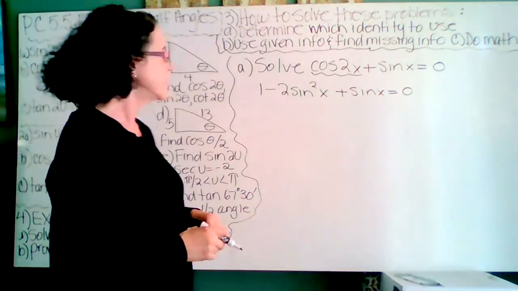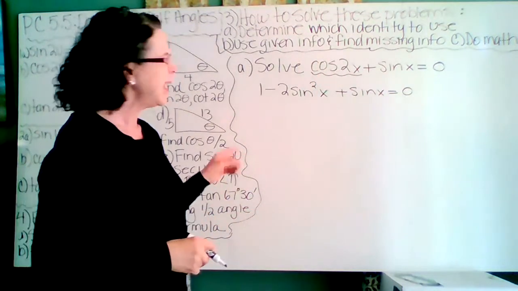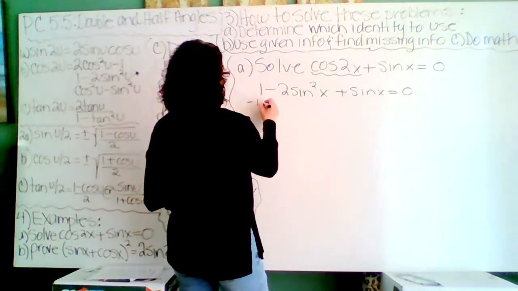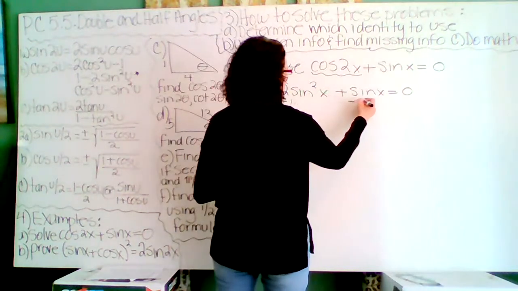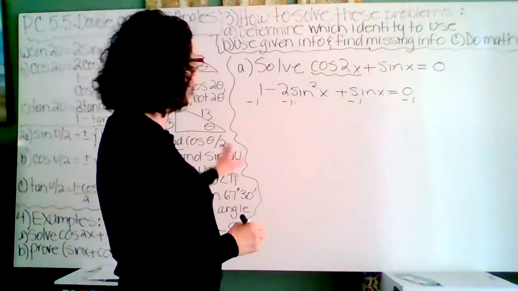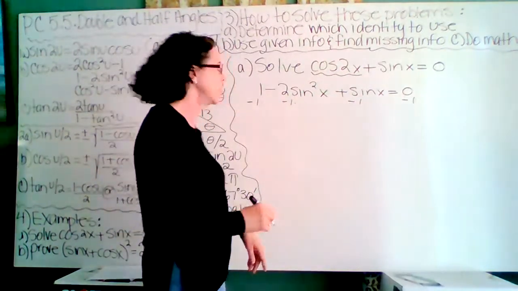Okay, well, this looks quadratic to me. Not real happy with the negative on the front. So if it's okay with you, I'm going to go through and multiply every term by a -1 because it's legal. And I'm going to put them in quadratic order.